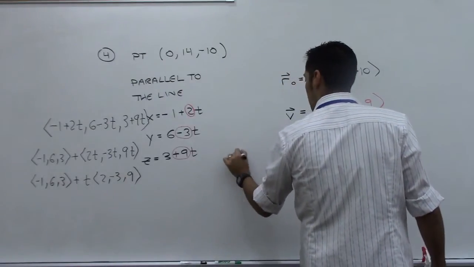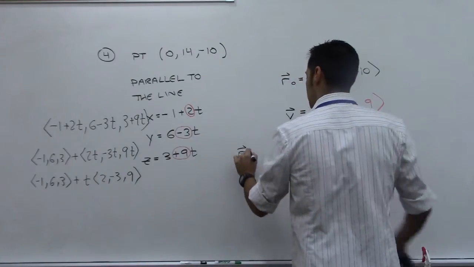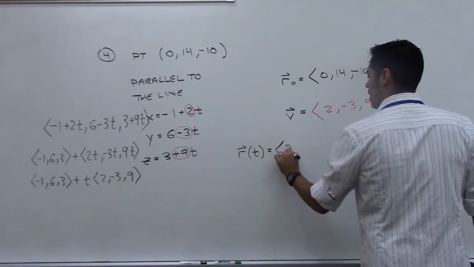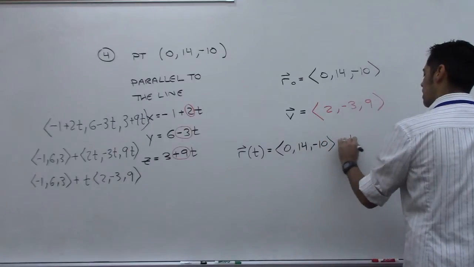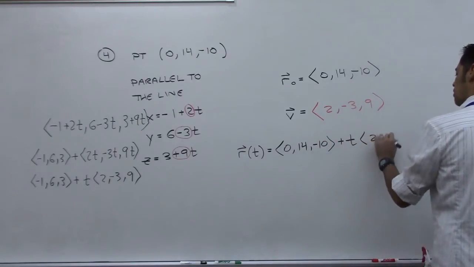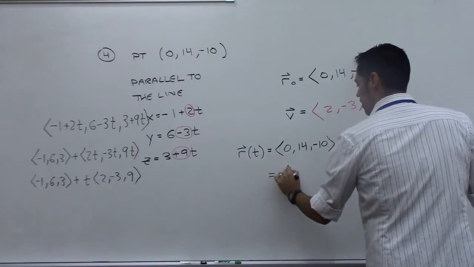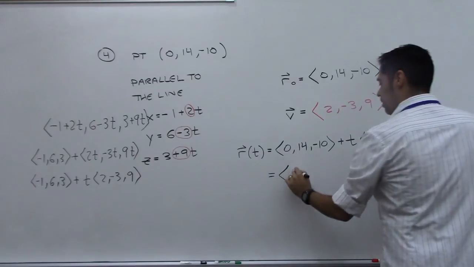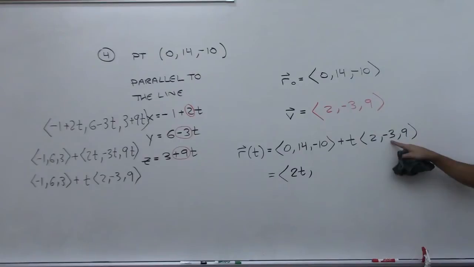We just write down r of t equals our point converted to a vector plus t times 2, negative 3, 9. And then put everything together. t times 2 is 2t. Add 0 to it, we just get 2t. t times negative 3 is negative 3t.